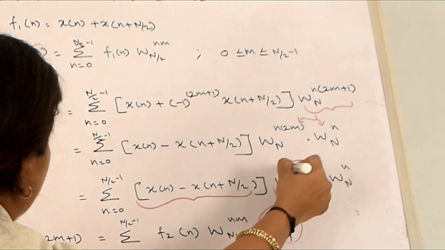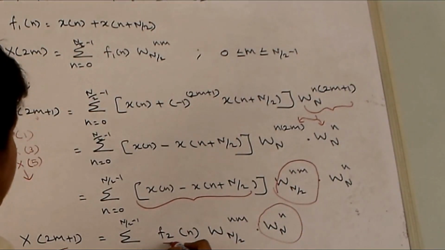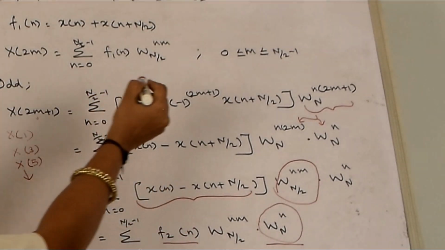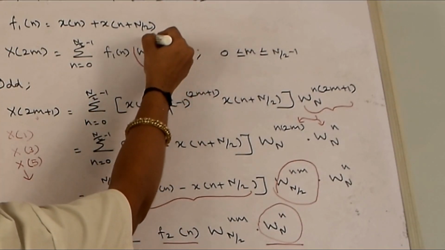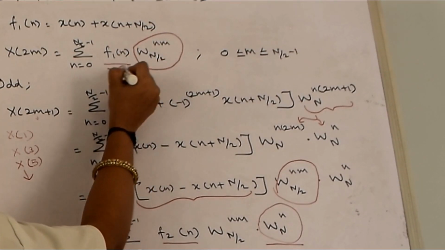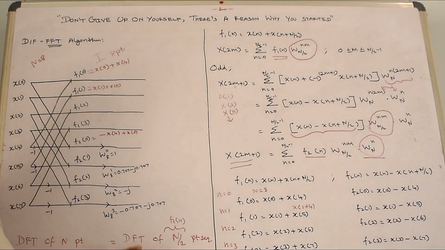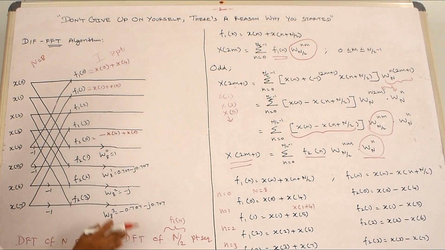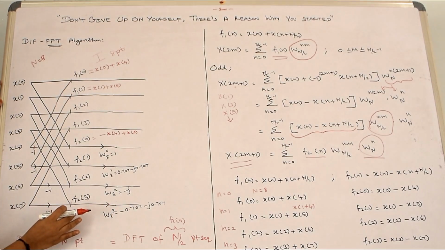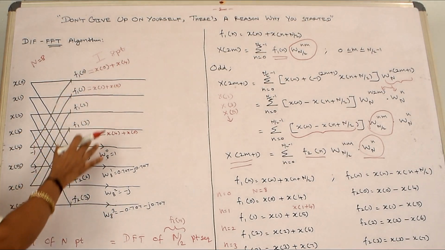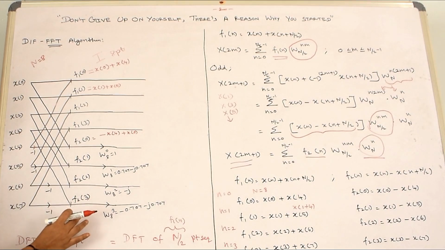So this is the DFT of N by 2 point along with f2 of n and the twiddle factor, and here we have the DFT of N by 2 point of f1 of n. That is what I have written here. That's it. This is how you have to compute the first stage of the DIF algorithm.